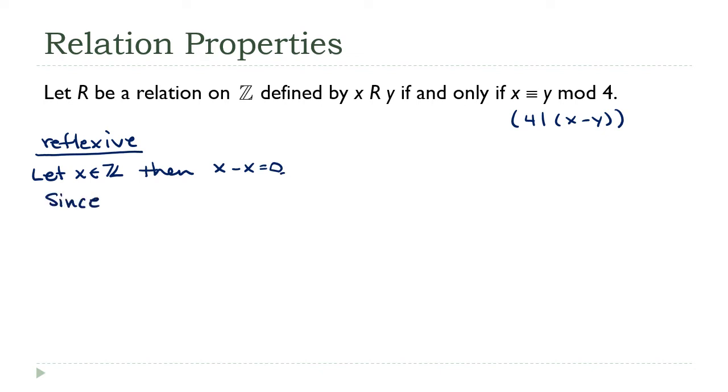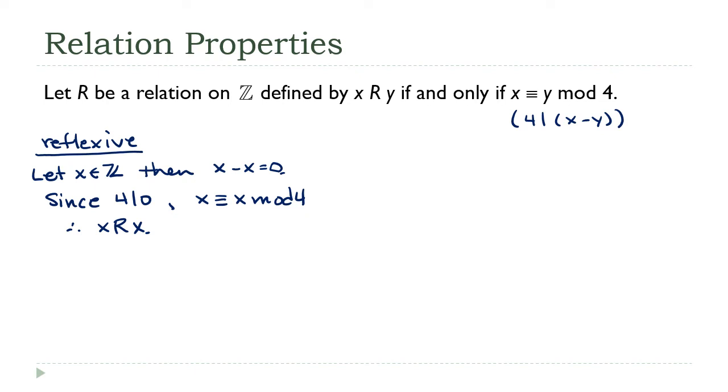Since 4 divides 0, X is congruent to itself mod 4, therefore X is related to X. And that's what we need to show for this relation to be reflexive.